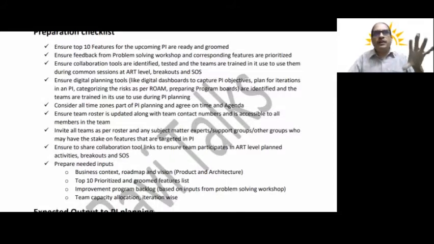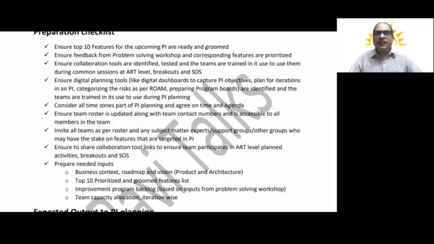One should be able to understand what the different PI objectives are that we are committing, what kind of dependencies we have among features across all the teams, within the ART and outside of the ART. It gives an indication to everyone of how comfortable we are in making our PI execution successful as per our commitment. That's really very important.